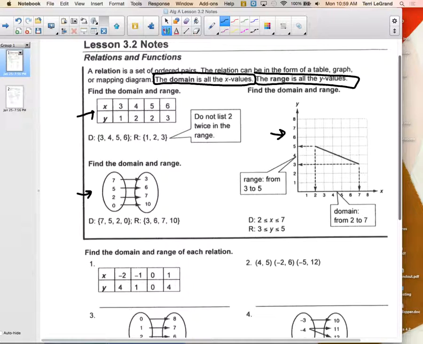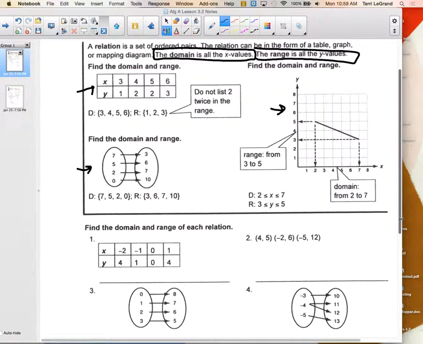They have some examples up here for us to take a look at, where they displayed the relation as a table. They said, find the domain and range. Here's how we're going to write them. I want you to put a box around this. This is how, when you have to write the domain and range, we're going to show it in set notation.